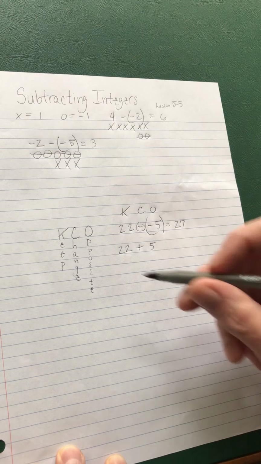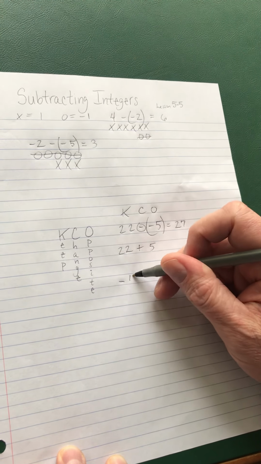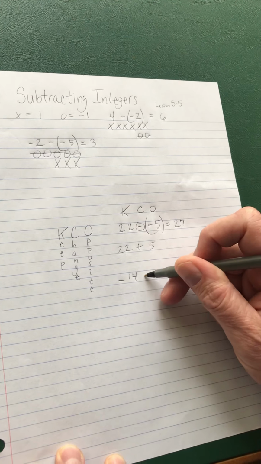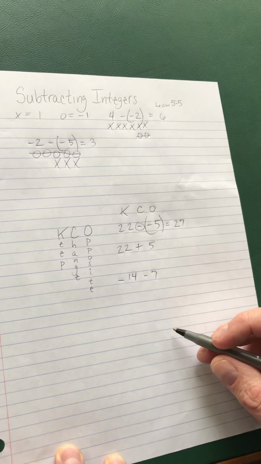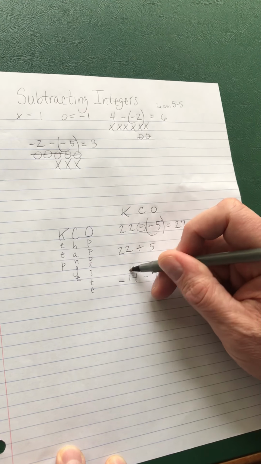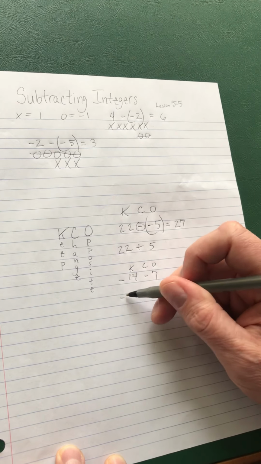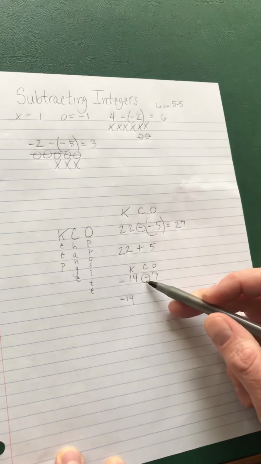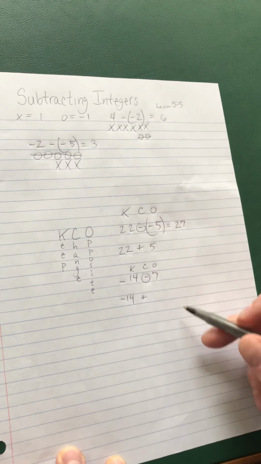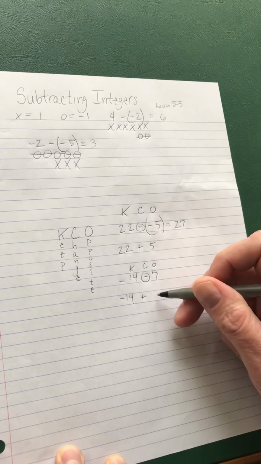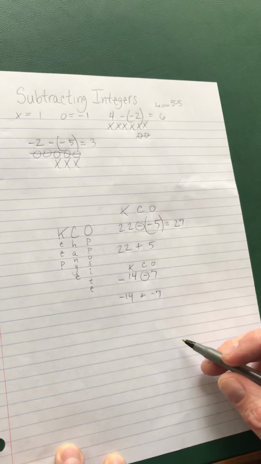Let's do -14 minus 7. So again, I'm going to write KCO up above, and I'm going to keep the -14. I'm going to change the subtraction to addition, and then the opposite of 7 is -7.